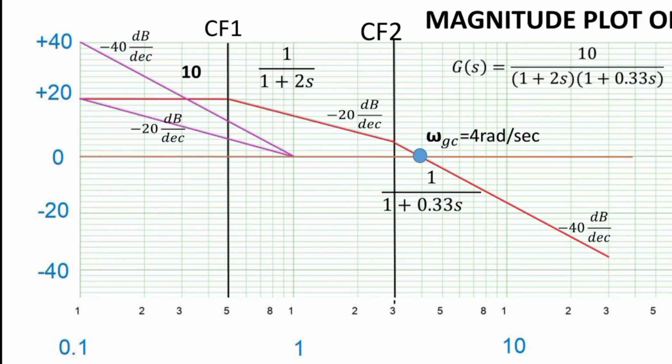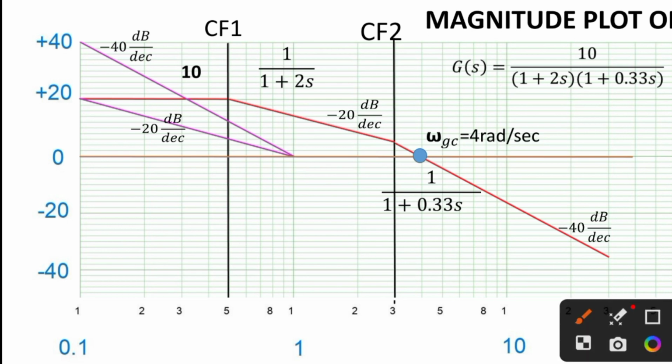At the second corner frequency, that is at 3, the slope changes again, and the corresponding term is 1 divided by 1 plus 0.33s.